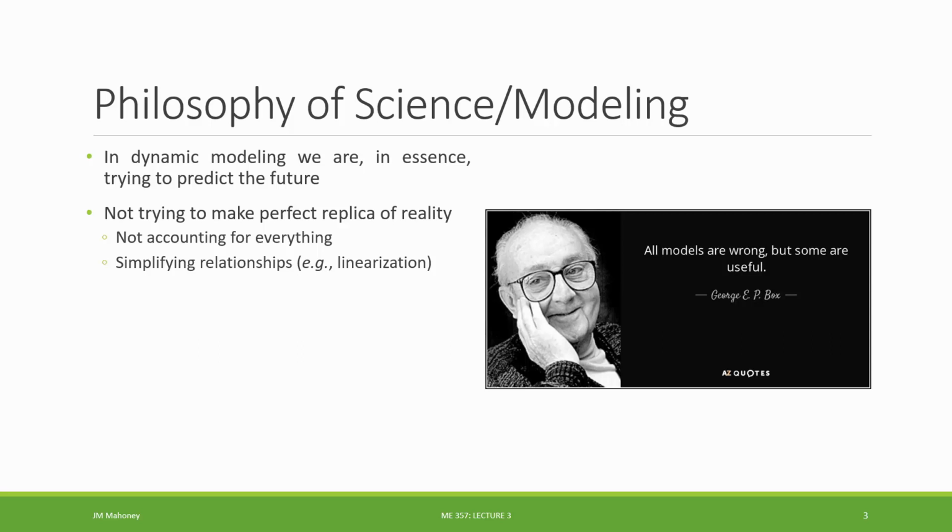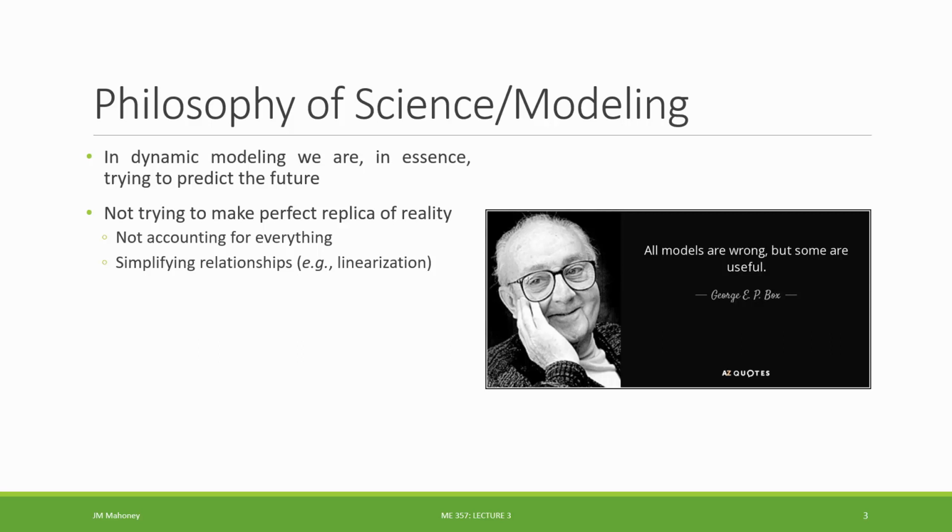And then there are going to be things that affect our system that we were not even aware of when we were building the model. So when we go to validate our model versus reality, it might not come very close because we ignored something that we didn't even know we were ignoring. But we are typically ignoring things for two reasons. We want to simplify the math in our problem.